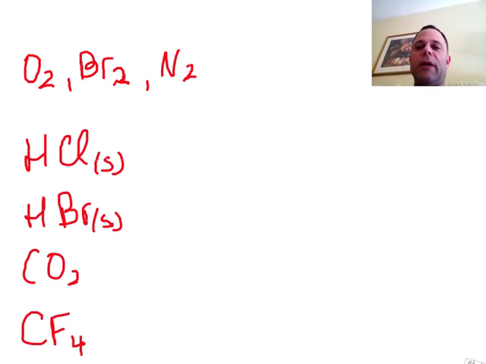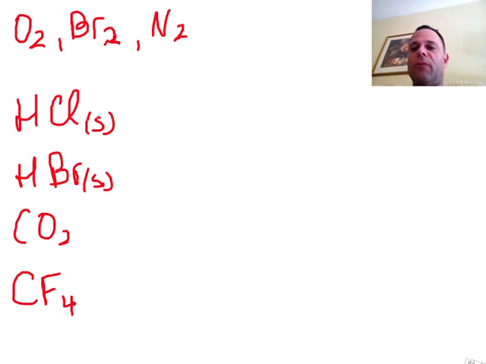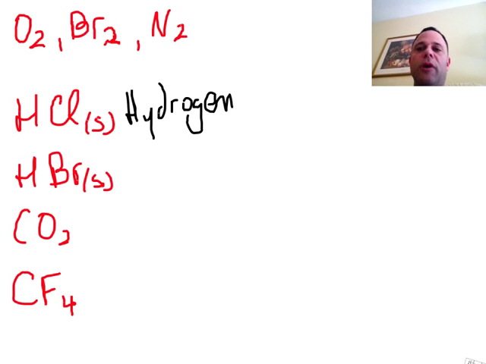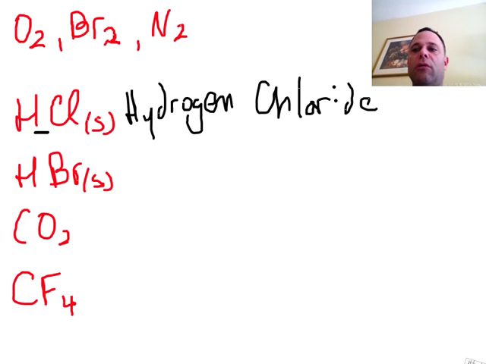Now let's take a look at HCl. HCl is also known as hydrogen. We do not need a prefix because there's only one of them, and this is chloride. Hydrogen chloride.